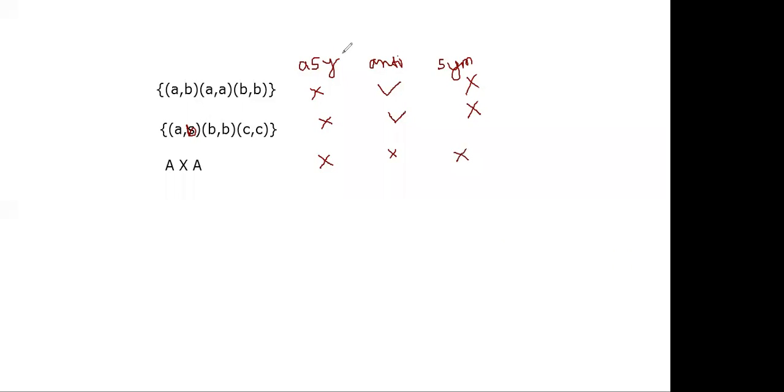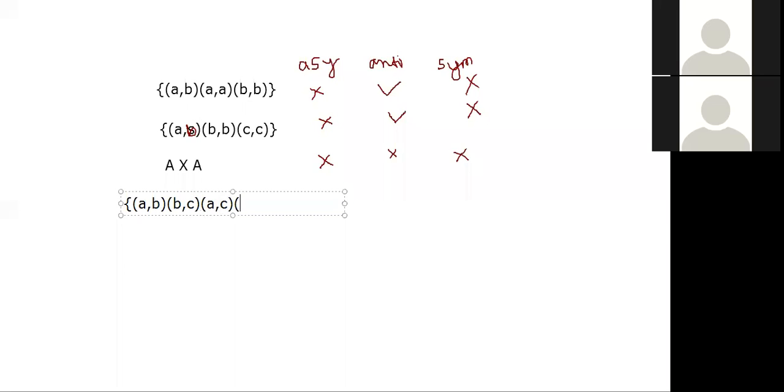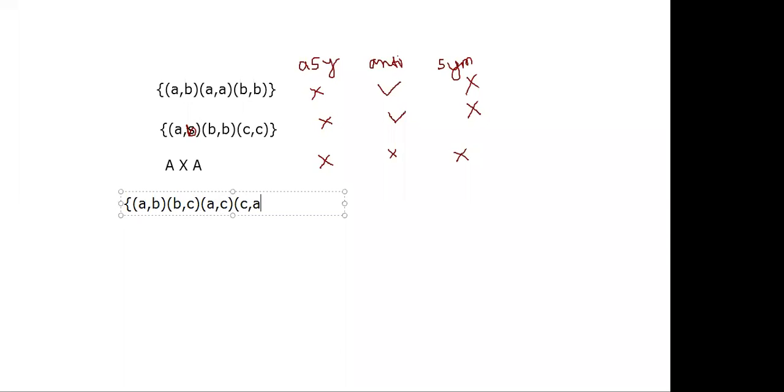Now the last example. A comma B, B comma C, A comma C, C comma A, B comma A, and C comma C. Now let me know the relations.